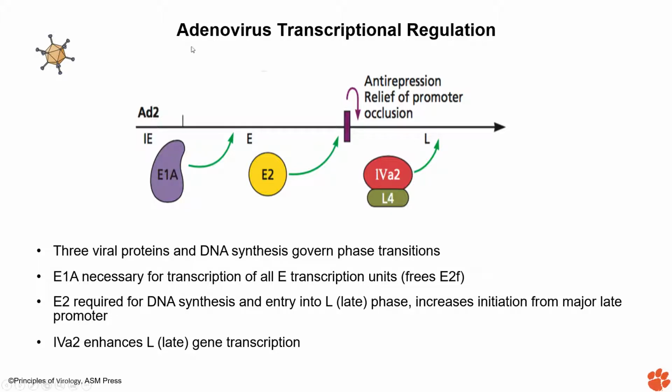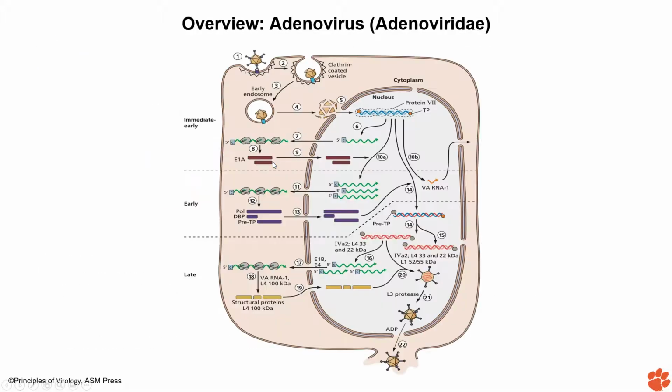So, it is adenovirus and transcriptional regulation. So first is the immediate early, and you see that in the immediate early, that E1A protein is formed, that we talked about. That influences the early gene transcription right here. In the second round, this E2 is formed. E2 is basically, think about that, Pol, DBP, pre-TP, and E2 together.